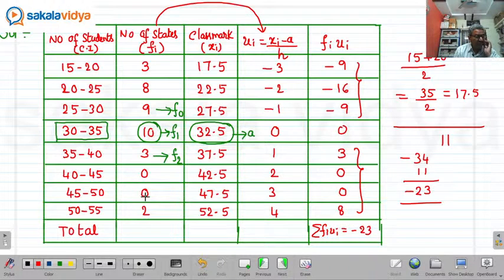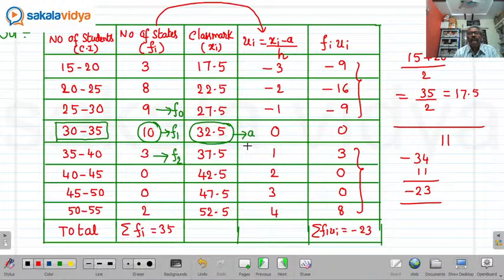So total frequency we need to find out. What is the total frequency here? If you add, obviously you get sigma Fi equals 35. Just add it, you can check: 3 plus 2 is 5, 5 plus 9 is 14, 14 plus 9 is 23, 25, 2 plus 1 is 3, 35.